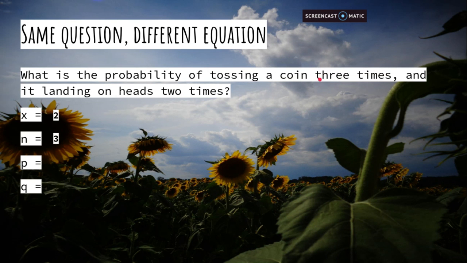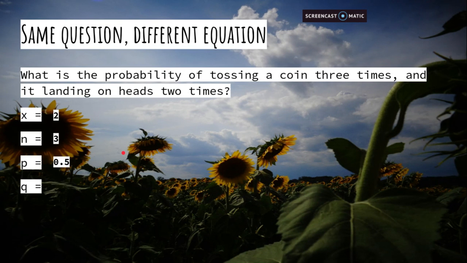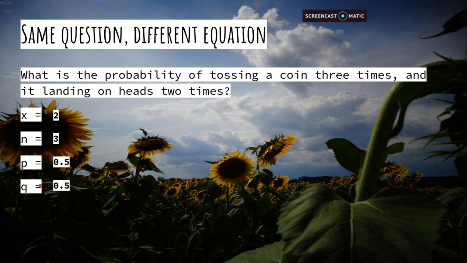There's three trials. Remember, that's the number of trials, so 3. What's the probability of success on a single trial? Well, it's going to be 0.5, because when you flip a coin, there's 2 sides, so 1 divided by 2 equals 0.5. And same thing for probability of failure. When it's a coin, P and Q are always going to be the same, but that's not the case for a dice.